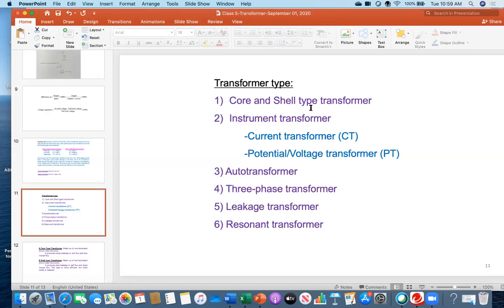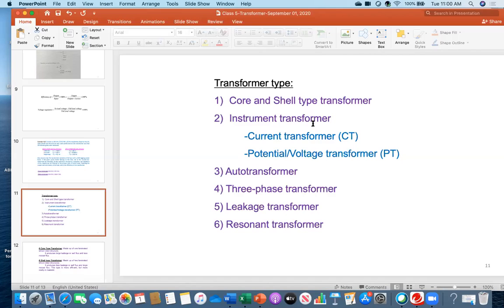In this book, and in any literature or any other power network book, you will find there are several types of transformer. One is called core type, the other one is called shell type. I am showing you the diagram, then you will understand. Another type is called instrument transformer.